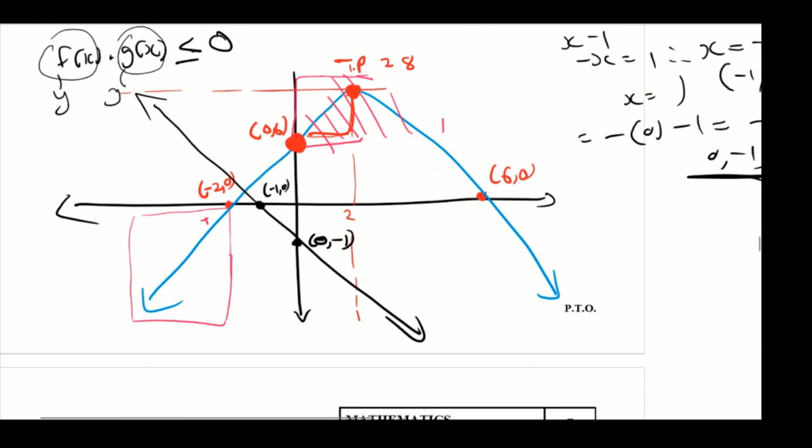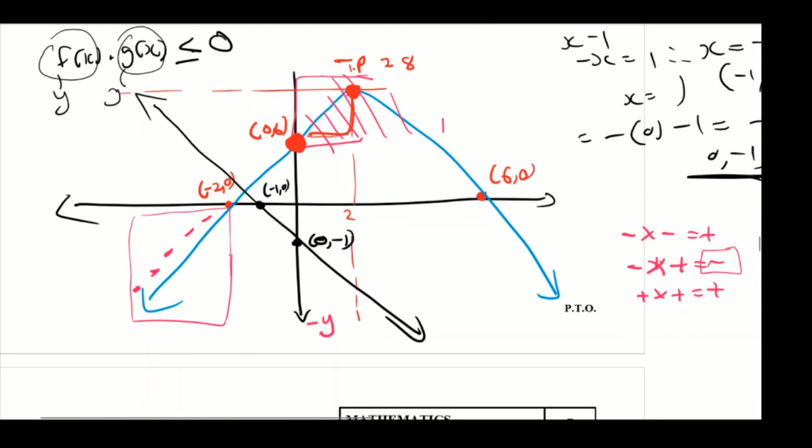At this point of the graph, the y values are negative, because this is a negative part of y. When you multiply a negative with a negative, you get a positive. Negative multiplied by positive, you get a negative. A positive multiplied by a positive, you get a positive. So I'm more interested in a negative solution or equal to 0.